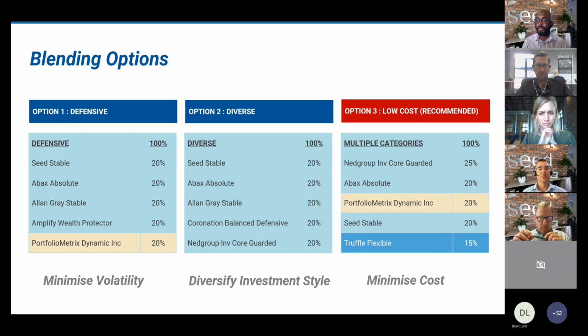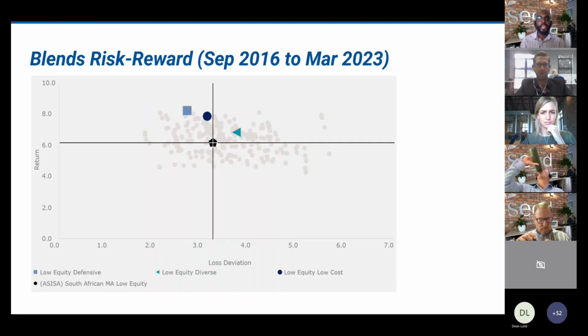So if we just look at the performances of these blends, over a common inception, since 2016, the inception of that Amplify fund, then you can see that the 3 different blends that we've given you do deliver, or have delivered historically, better than average returns, with the defensive one having the least volatility, because that's what you're trying to do there, minimize the volatility.